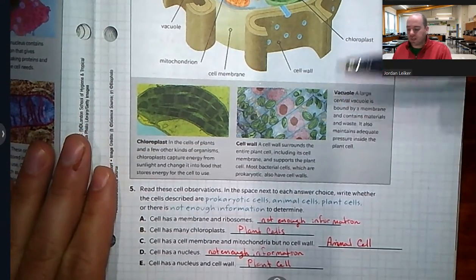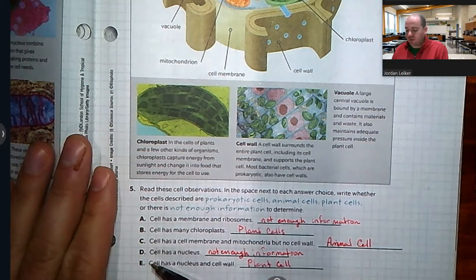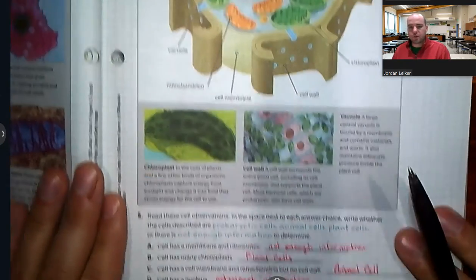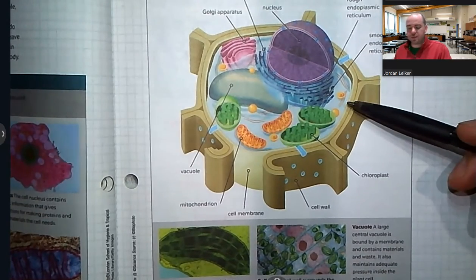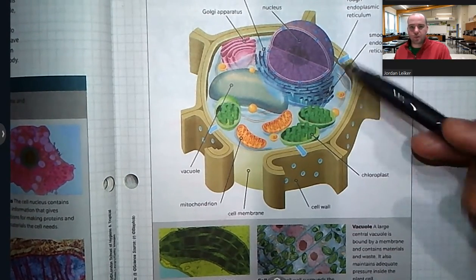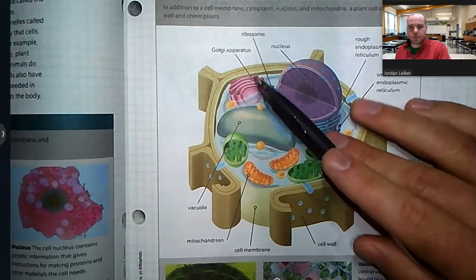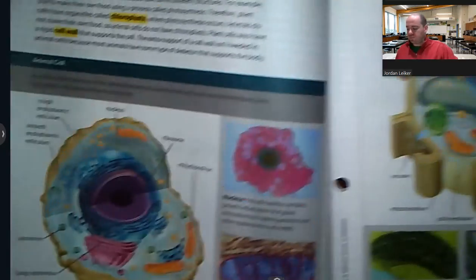So if we were to read these observations down here about a cell, and then try to determine whether it's a plant cell, an animal cell, or a prokaryotic cell. If a cell has a membrane and ribosomes, well, if we look at our pictures, all of these cells have a cell membrane. They all have cell membranes and ribosomes.